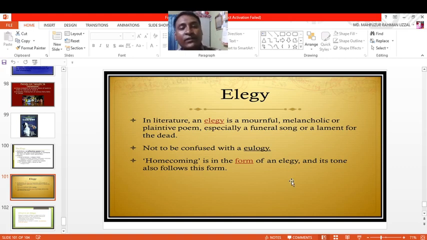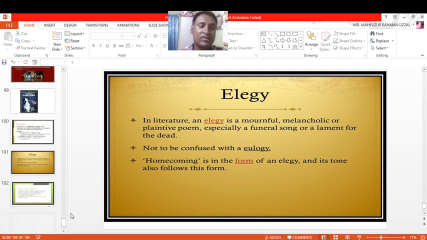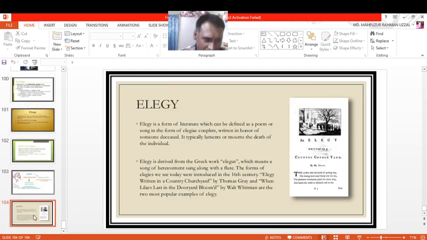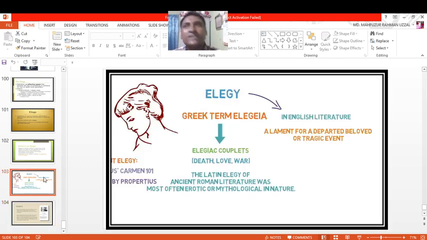Homecoming is in the form of an elegy and its tone also follows this form. Elegy Written in a Country Churchyard is a famous elegy composed by Thomas Gray.